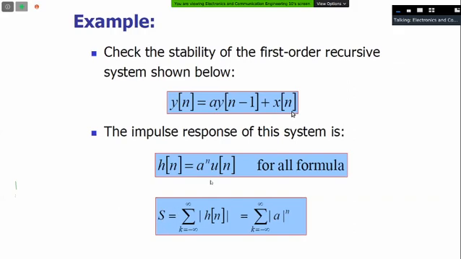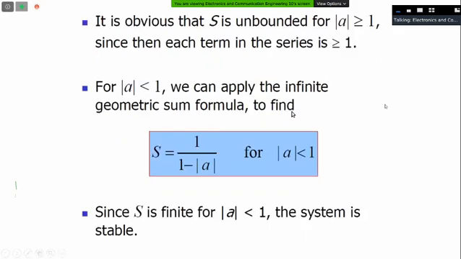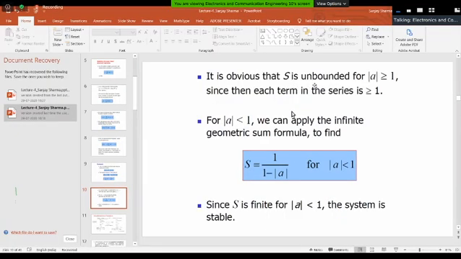Now we have to prove the stability of the system. We will take the modulus of this, apply the summation, and see whether the value comes out to be finite or not. So let's see. It is obvious that S is unbounded for modulus of a greater than or equal to 1, since then each term in the series is greater than or equal to 1.